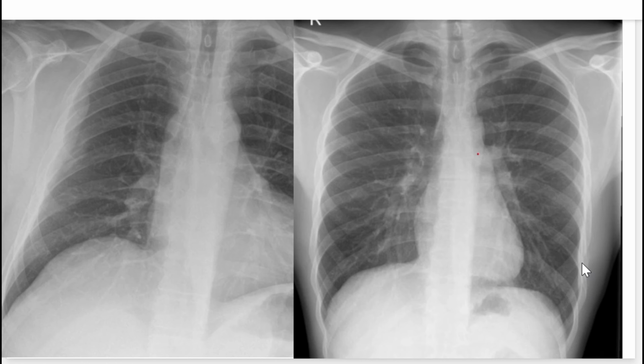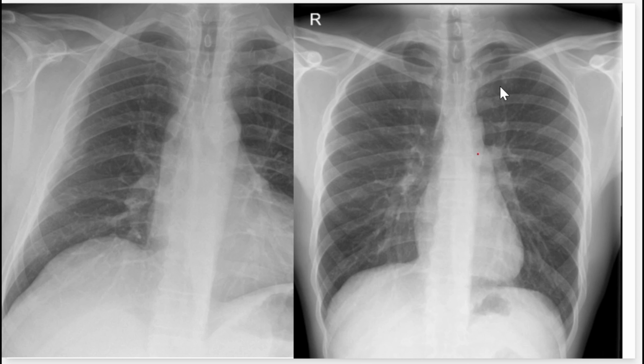So this patient has eighth and ninth rib fractures. This is an example of subacute rib fracture.